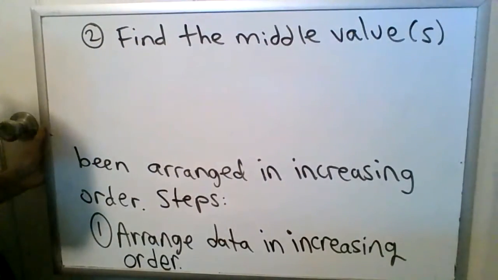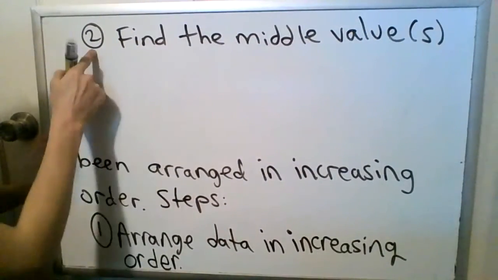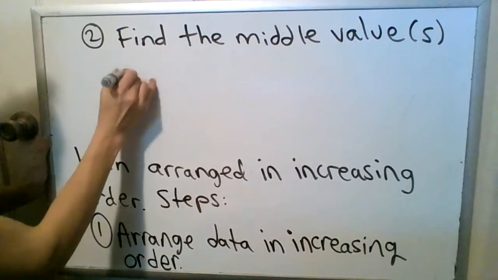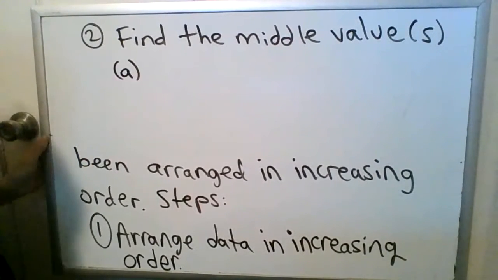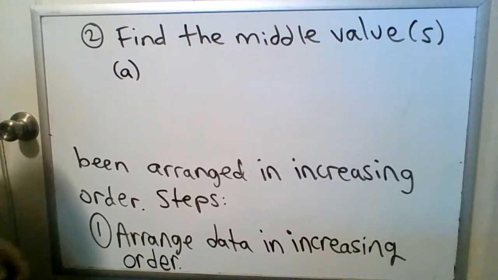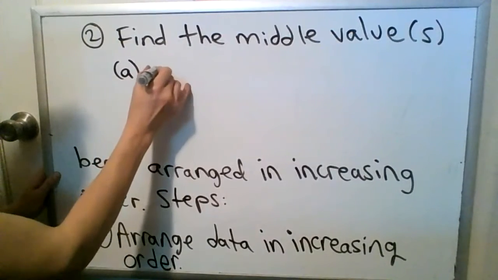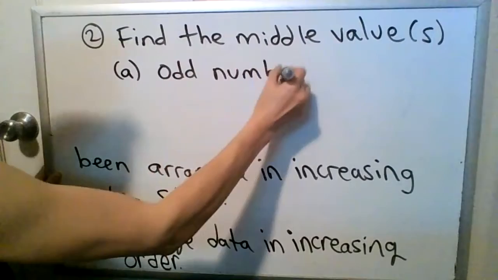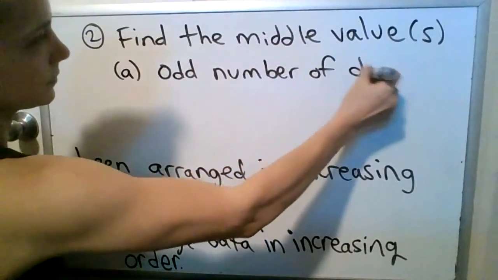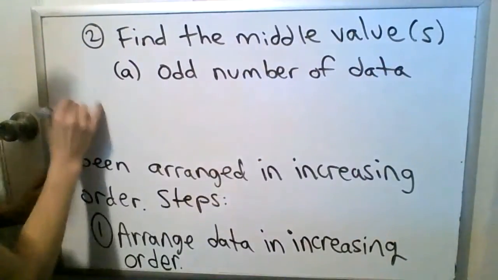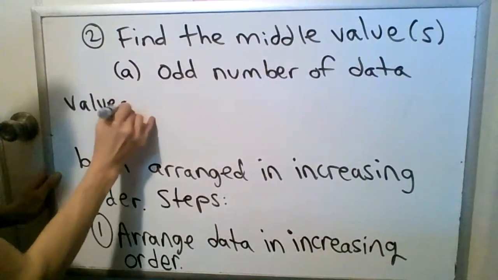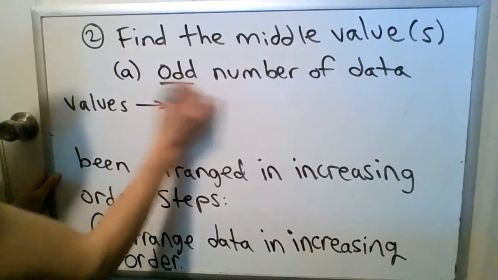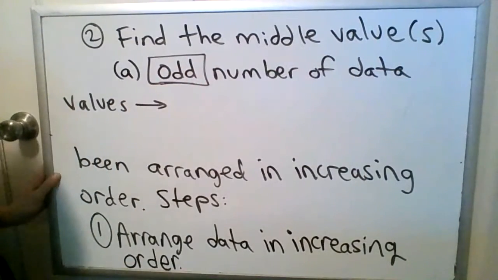Okay, value or values. So either in step 2, you have part A, where there's an odd number of data values. If it's odd, then the median is exactly in the middle of the list.